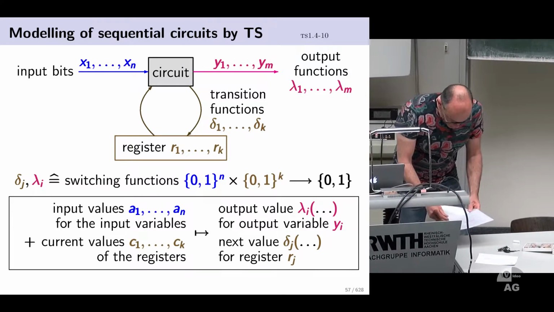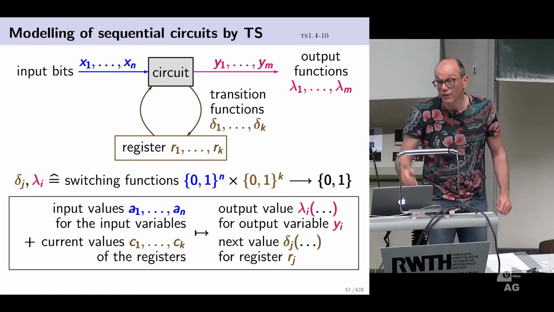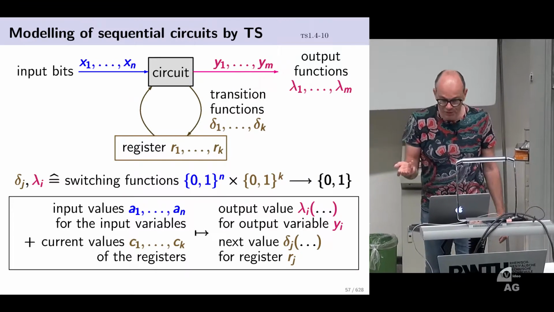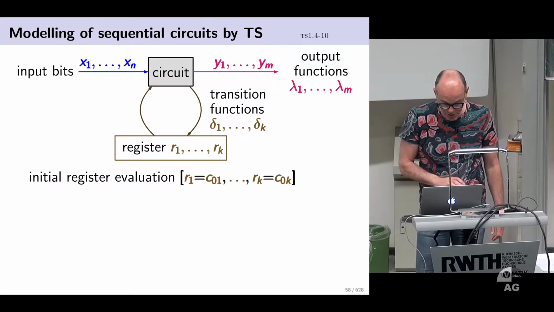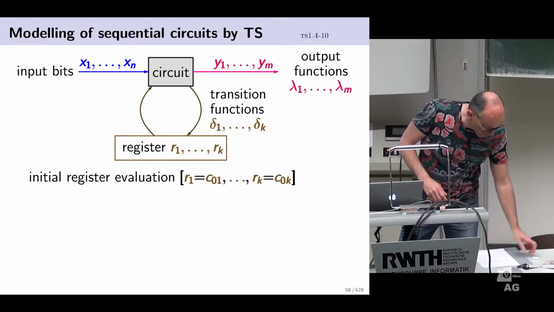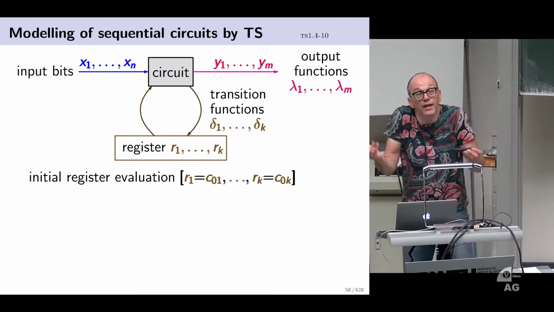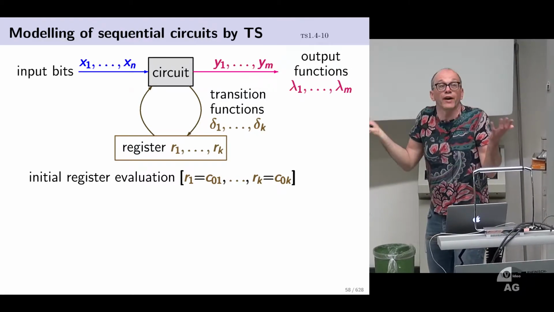Good. And now what we're going to do is we're going to build a transition system for these circuits. And the first thing I'm doing, I'm trying to give you an intuition. We're trying to do this by means of an example, and then I will write you on the blackboard how this works. So what's the initial? We have to start somewhere. So the initial valuation is there are no inputs yet. So the initial valuation is for every register stores a certain value at the moment.